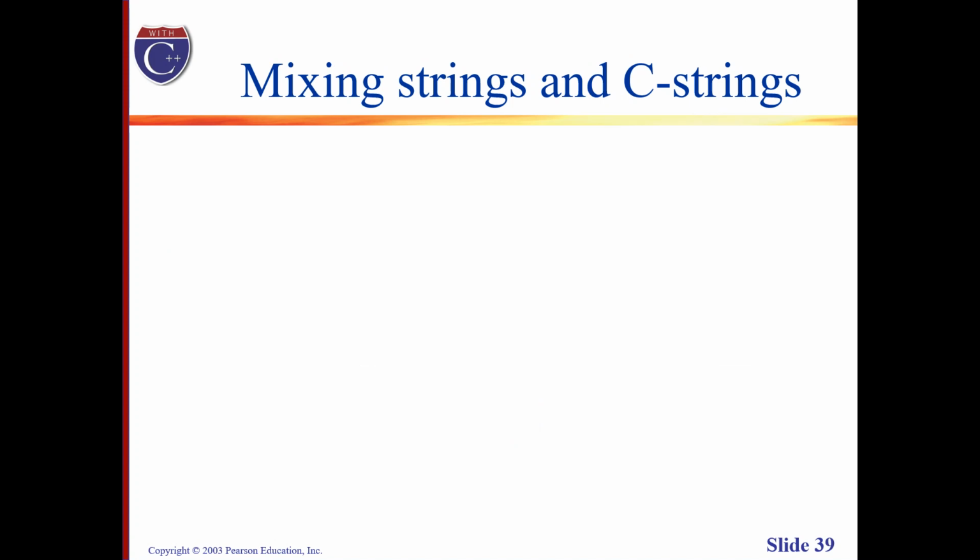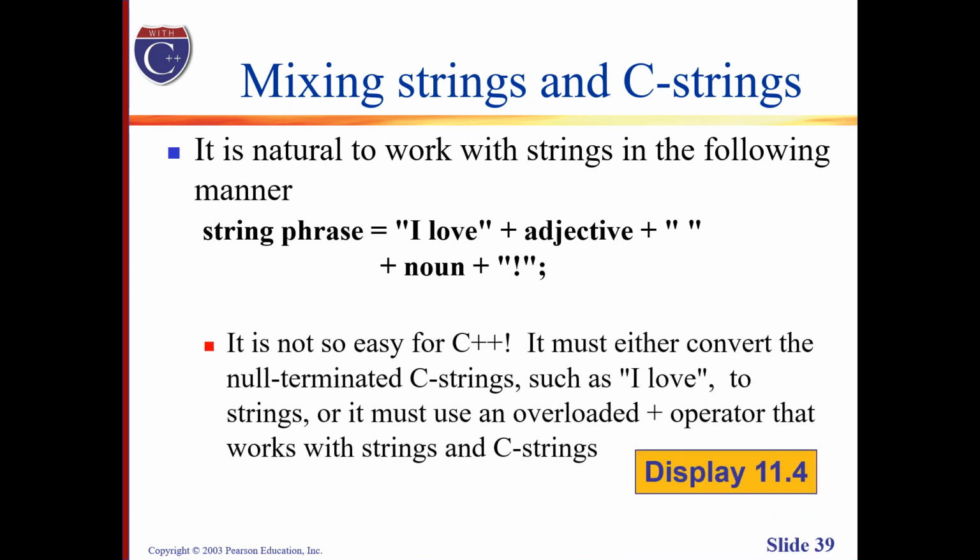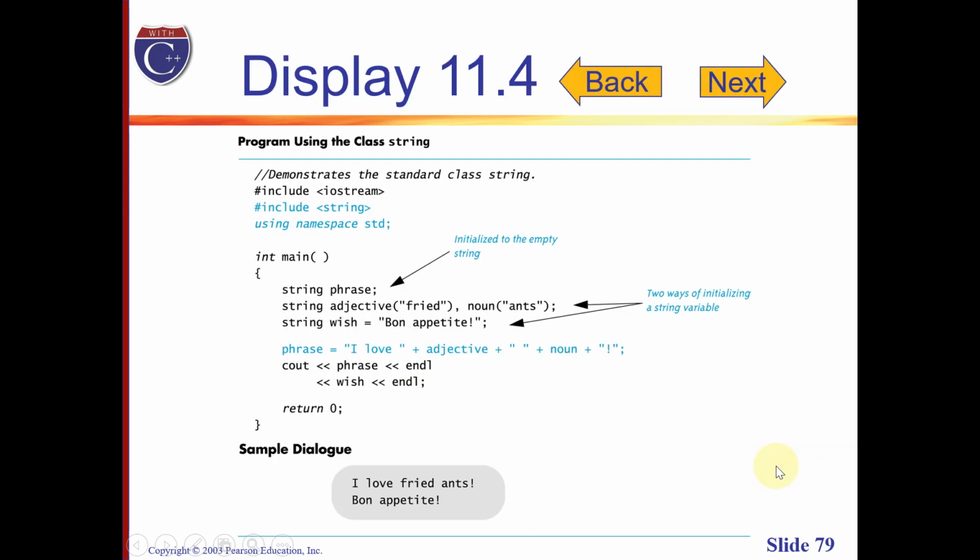How about mixing strings and C strings? It is natural to work with strings in the following manner. For example, we have this. That is completely allowed. Although, it is not easy for C++. It must either convert the null-terminated C strings, such as this one, to strings, or it must use an overloaded plus operator that works with strings and C strings, just like this one.